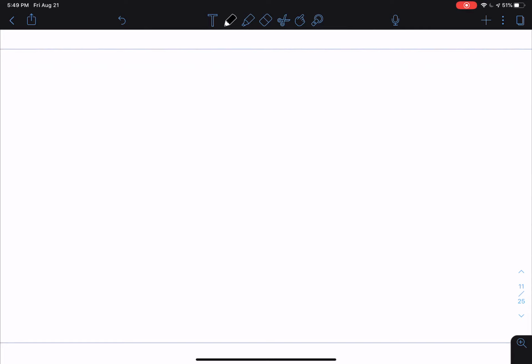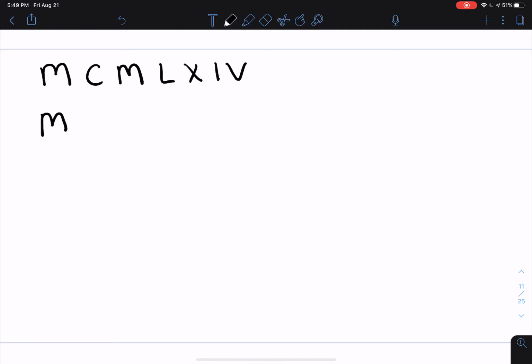Okay, so for the first example, I'm going to write a Roman numeral, and then we're going to convert it to Hindu-Arabic. All right, MCMLXIV. As I'm looking at this, I'm going to spread them out because I feel like I need more space to really talk about what's happening here.